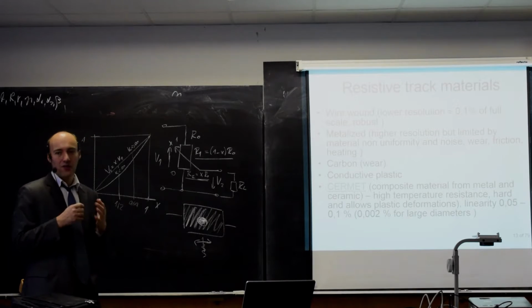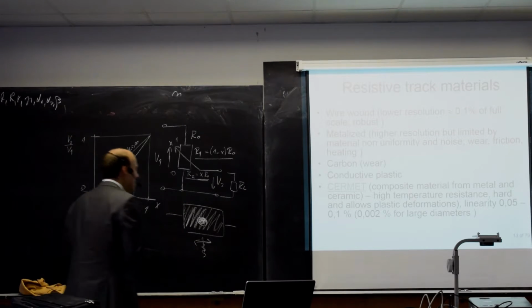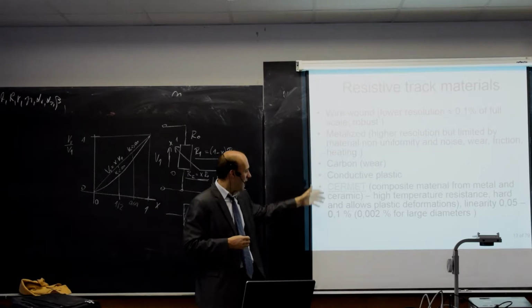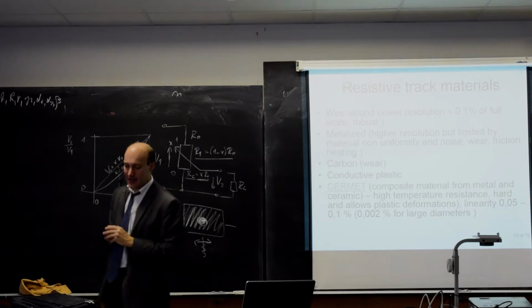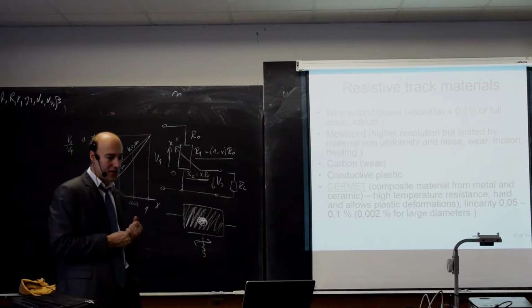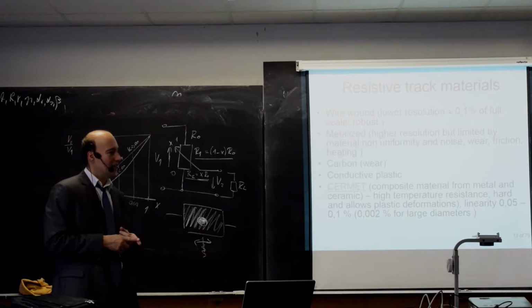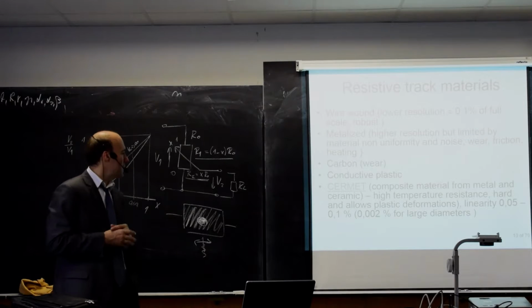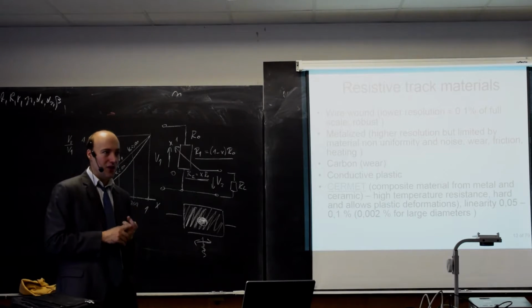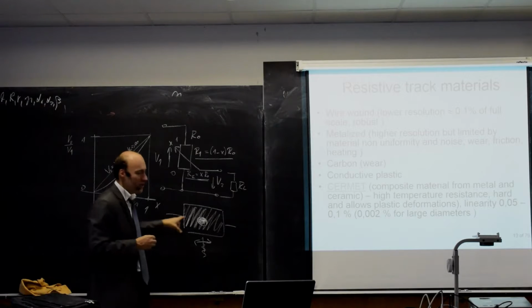The same disadvantage applies when using other materials. The other materials that you see here are a selection of 3 that are used for variable resistors. The carbon is the worst. Carbon, you know, is very soft, and carbon will be very prone to this damage.